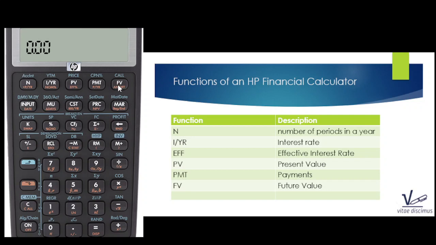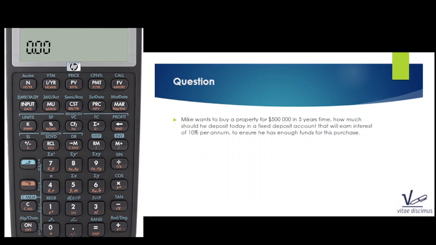So future value is just to determine that if you invest money today, how much will it be in the future, right? To apply these concepts, we'll do a small example where we calculate the present value.